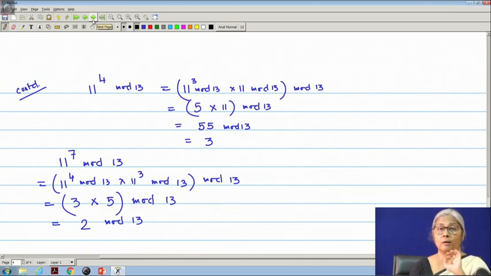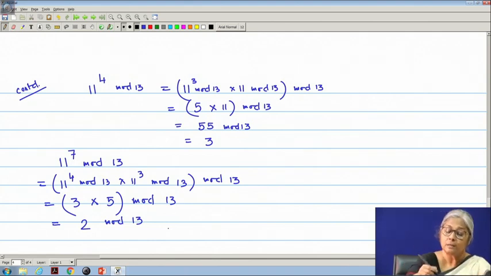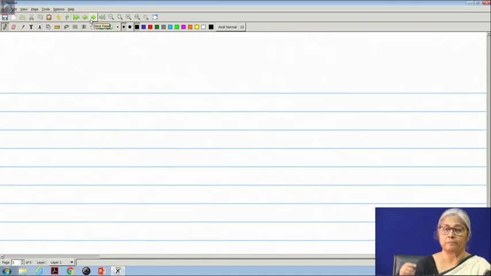This is a big advantage, and this computation is used in cryptography, in algorithms like the RSA algorithm, public key cryptography.